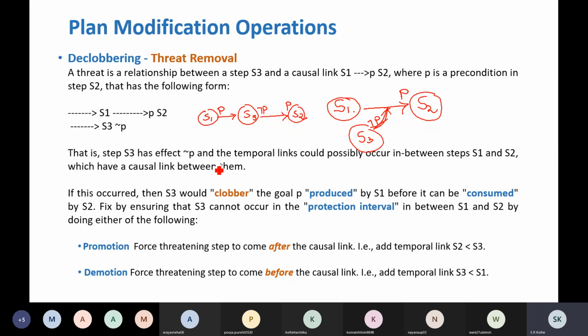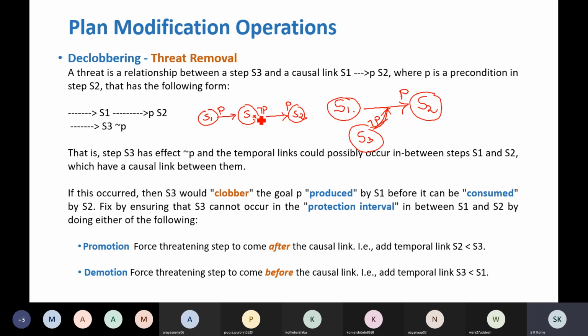If this situation occurs, we say that S3 would clobber the goal P produced by S1 before it can be consumed by S2. Again I am repeating.